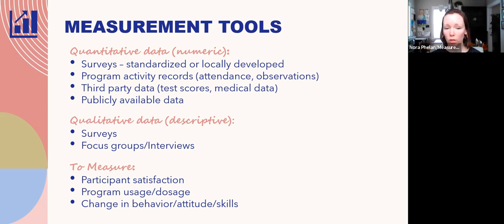There's the program usage and dosage, which gets back to attendance and observation, looking at who is coming, how much, when, and what their dosage of the program is. And then the outcomes, the change in behavior, attitude, skills, which again can be measured by surveys or test scores, medical data, things like that.